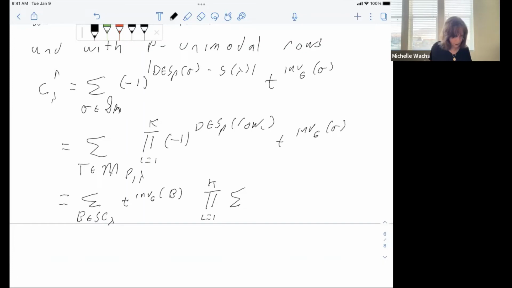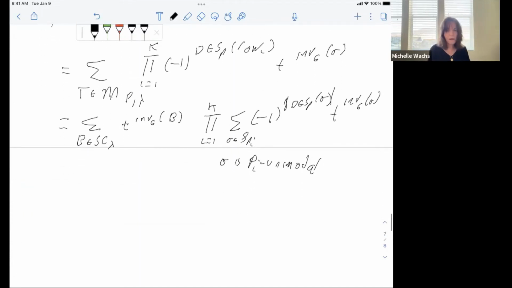Sum over sigma in S pi, minus 1 to the, and sigma is pi unimodal, minus 1 to the des P sigma, t to the inv.